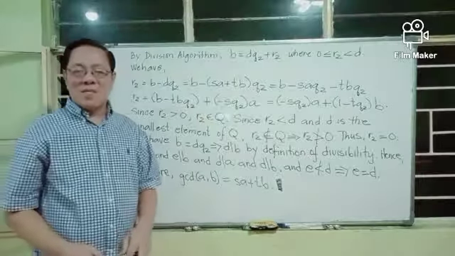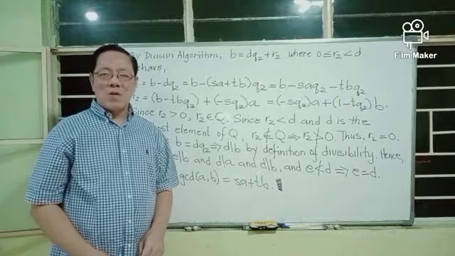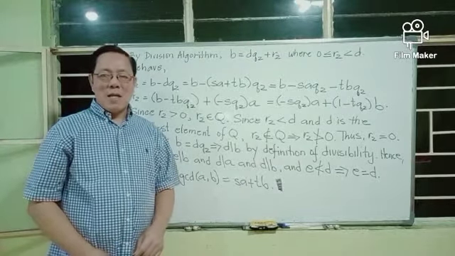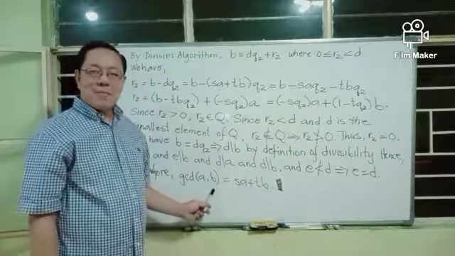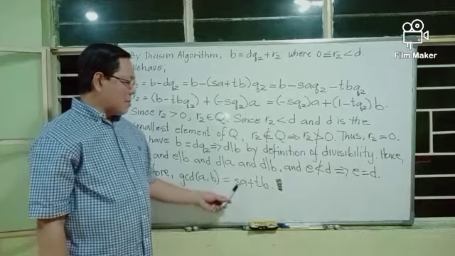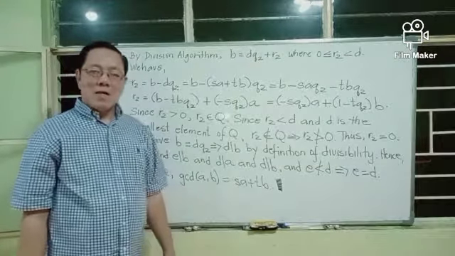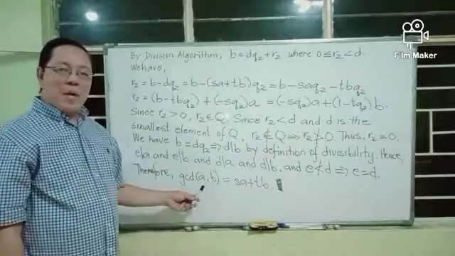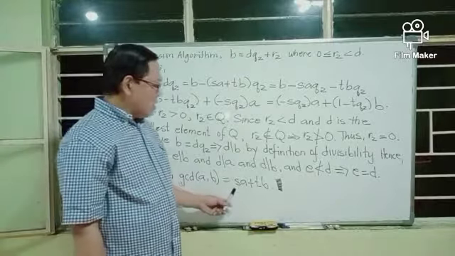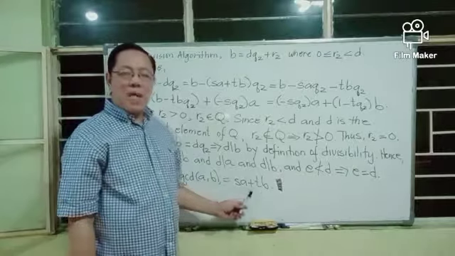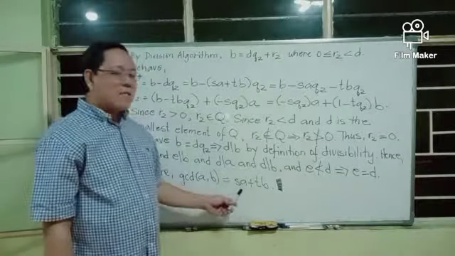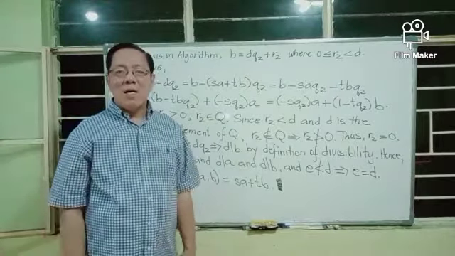And this completes the proof of Bezout's lemma that says for any integers A and B, there exist integers S and T such that the greatest common divisor of A and B can be written as a linear combination of A and B for some integers S and T elements of Z.